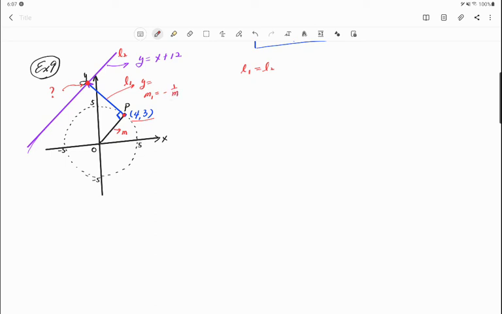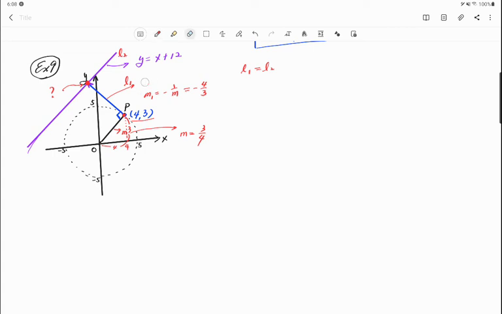So what is the slope of the black line? It is rise over run. The x value is 4, the y value is 3, because the point P is (4, 3). So the slope of the black line is 3 over 4. Can you see it? So the slope of the blue line, line 1, is the negative reciprocal, negative 4 over 3.